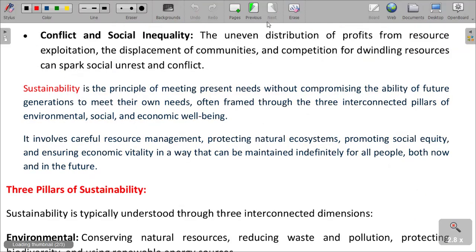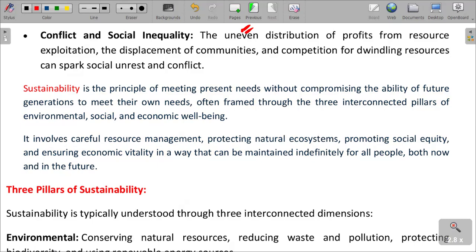And then conflict and social inequality, we have also talked about that being a resultant effect from uneven distribution of profits from resource exploitation. We have, for example, in South Africa, the Marikana issues as one of the main problems that we can have as a typical example, where there was shooting and killing of people, and displacement of communities.